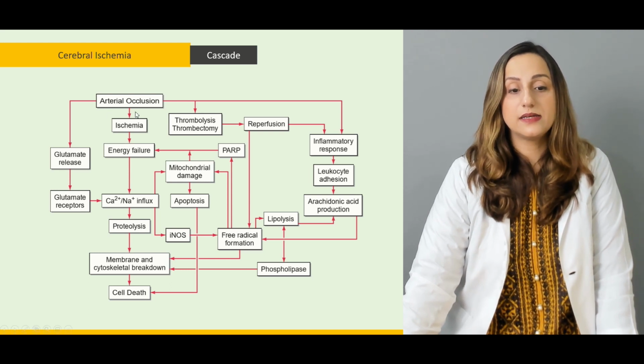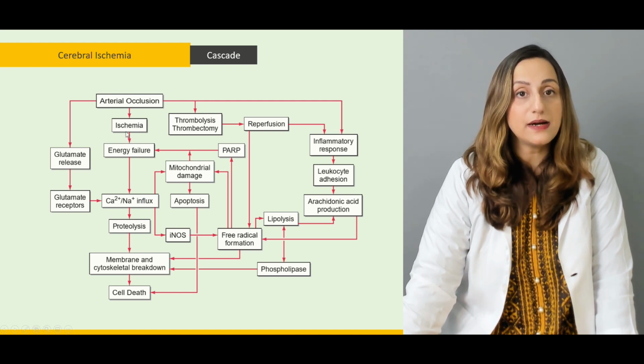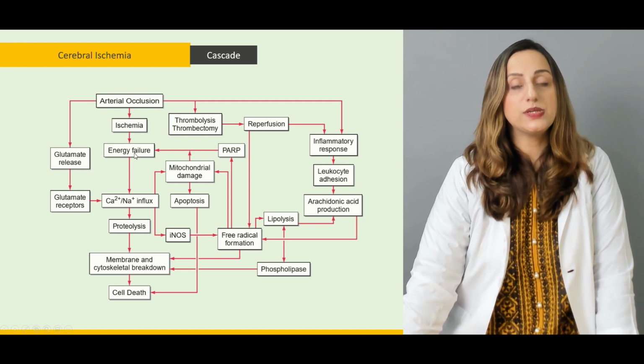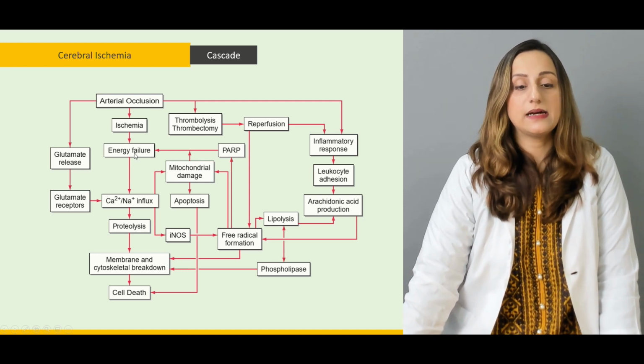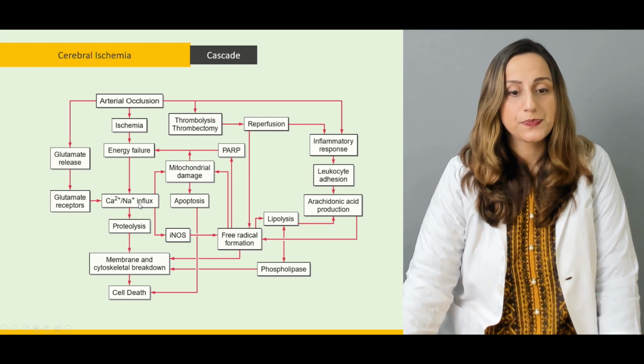Then again, there are multiple factors for the development of this calcium and sodium influx. It can be the ischemia itself that leads to energy failure, again resulting in calcium and sodium influx in these individuals.